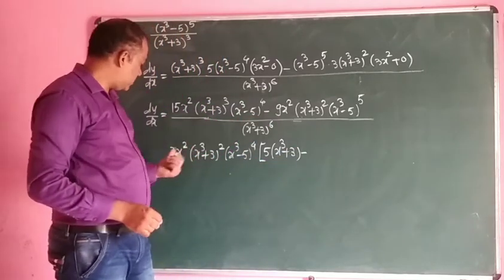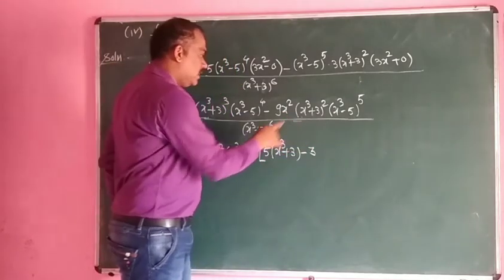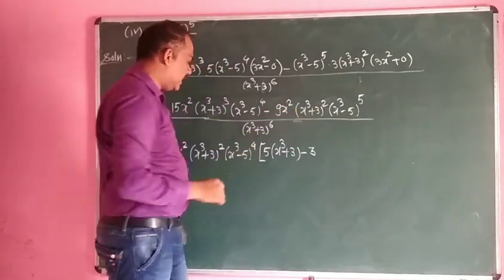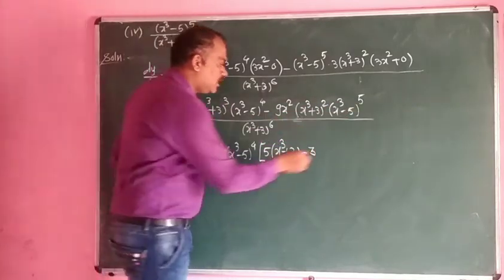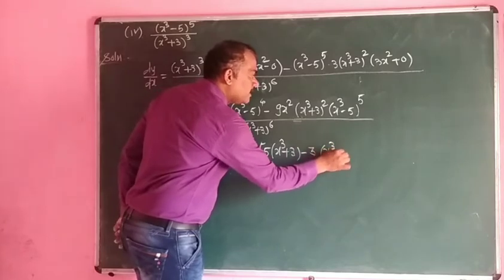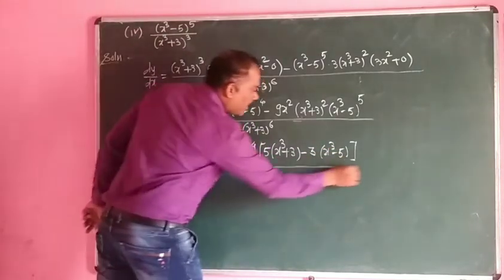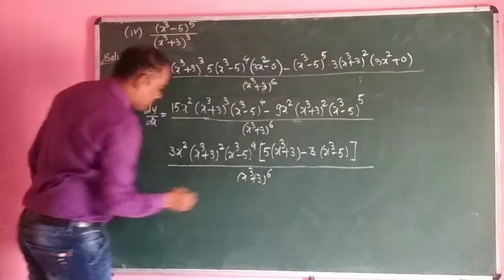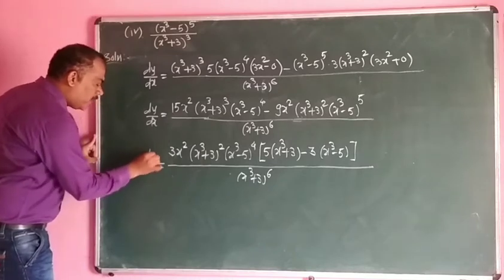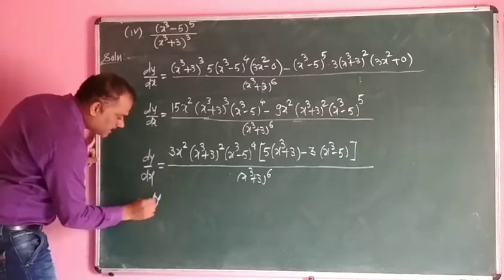From this 9 we take 3 common, so 3 is remaining, x square as it is, (x cube plus 3) bracket square we take common, (x cube minus 5) raised to 4 we take common, so what is remaining, x cube minus 5, one factor is remaining, divided by (x cube plus 3) raised to 6, that is nothing but dy by dx.